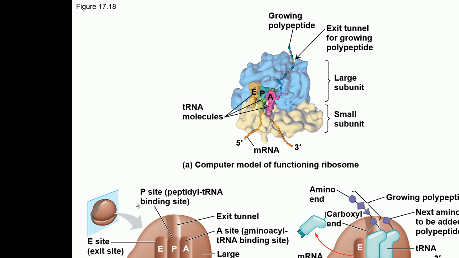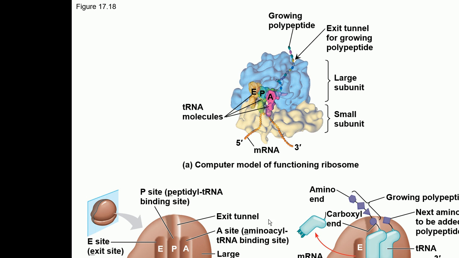You can see here the mRNA binds on the smaller subunit, this is the larger subunit, and here are the transfer RNAs, which we are going to discuss in detail.